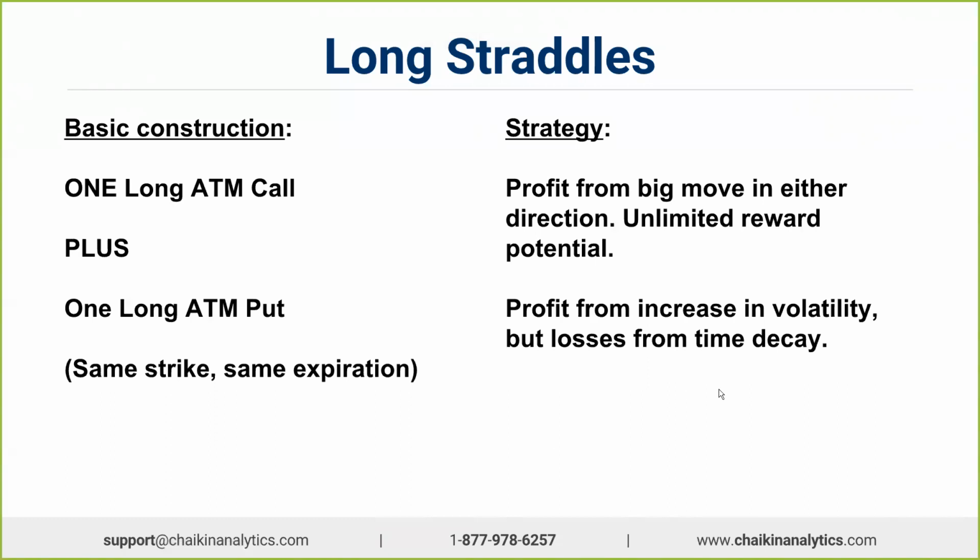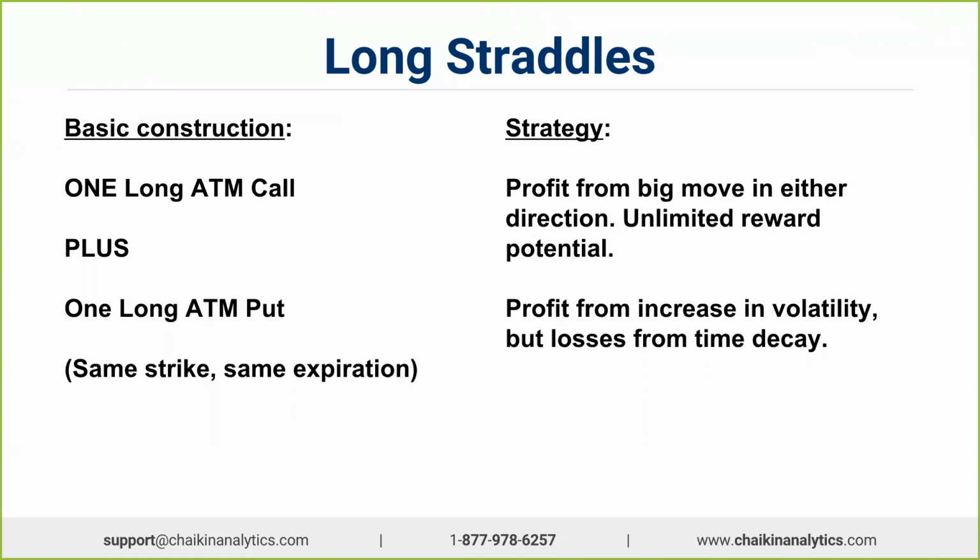They call it a straddle because you're kind of straddling both directions. You profit from big moves in either direction, but you lose if it doesn't really make a big move. This is, again, a big move kind of strategy in either direction. So you kind of cover yourself both ways.